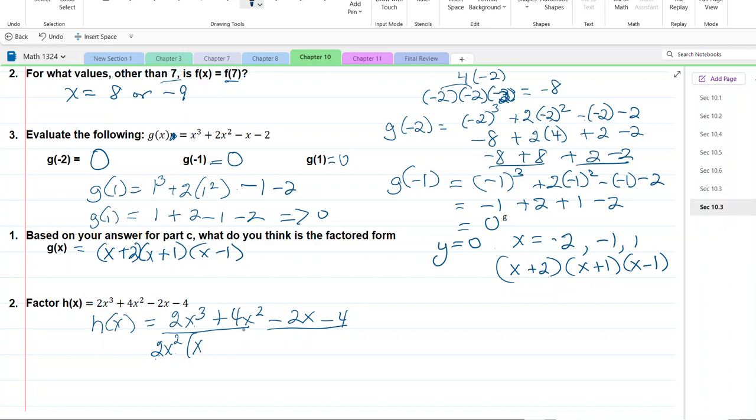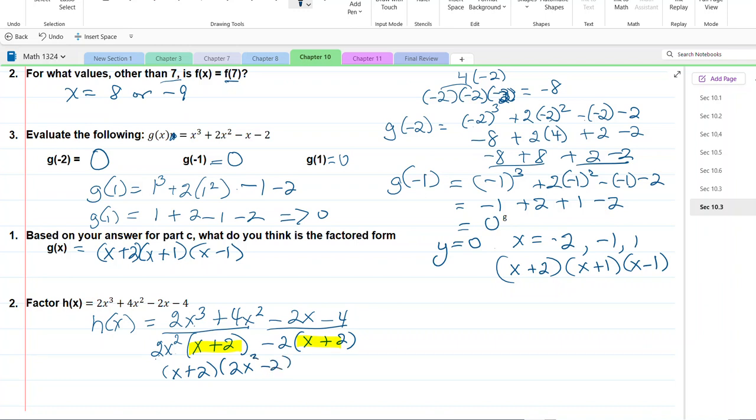If I divide 2x squared into 4x squared, I get a plus 2. I'm going to take out a negative 2, and that gives me a positive x and a positive 2. Well, now what I notice is that they share the same factor. So I'm going to factor out that x plus 2, and I'm going to have 2x minus 2.